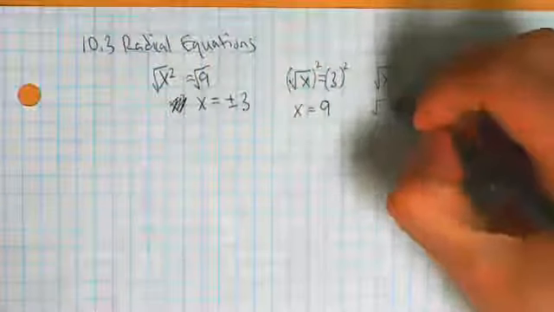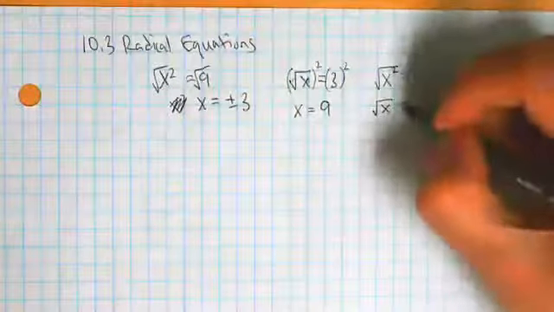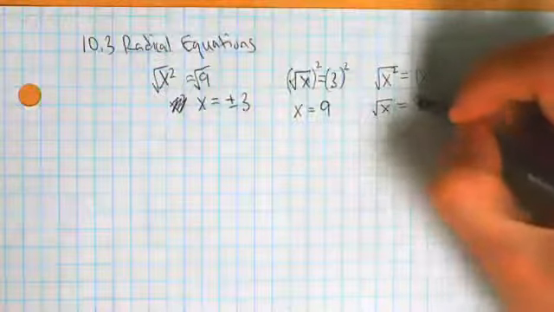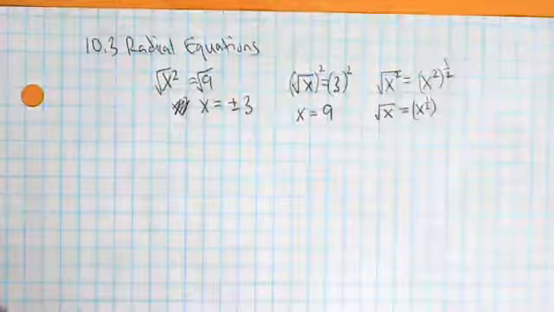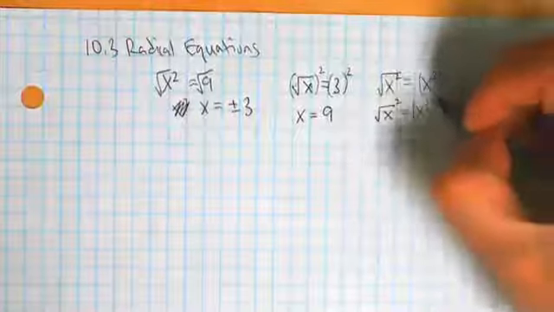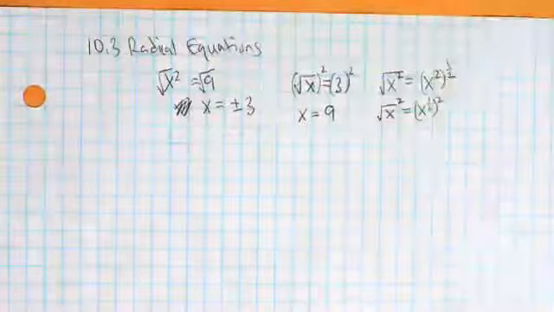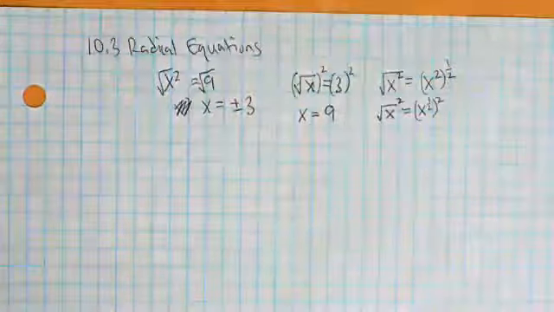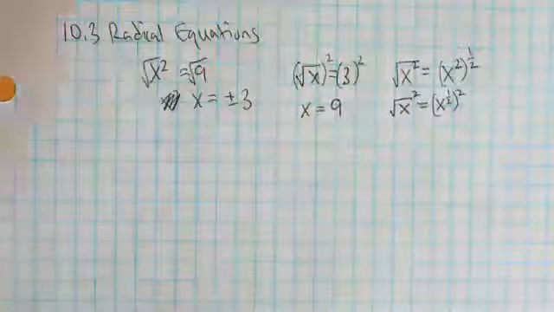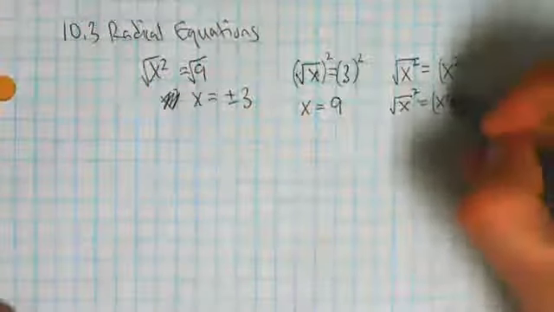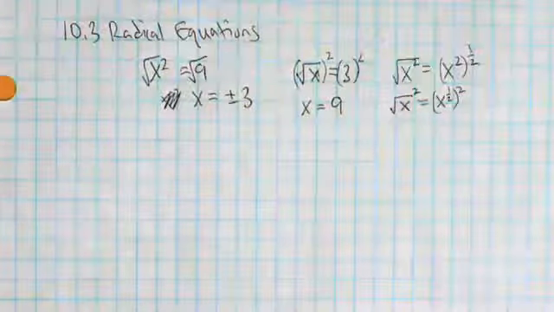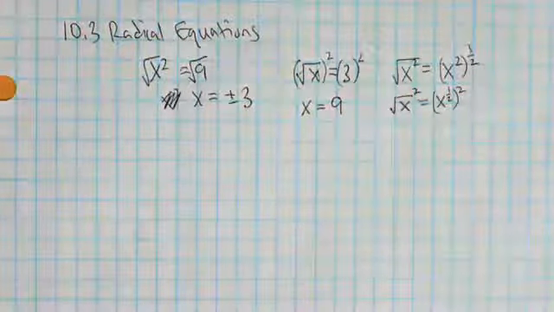Likewise, the square root of x is the same as x to the 1/2 power. And if we were to square both of these, we would multiply 1/2 by 2, which of course equals 1. So that's the exponential explanation as to why this works.